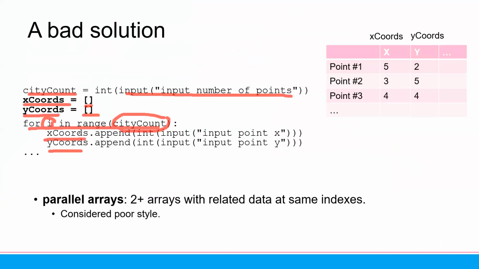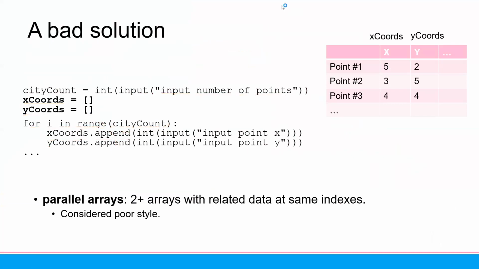So the X coordinate will be input, or I will append it, into index 0. And then I will input the Y coordinate into index 0 of the Y coordinates.